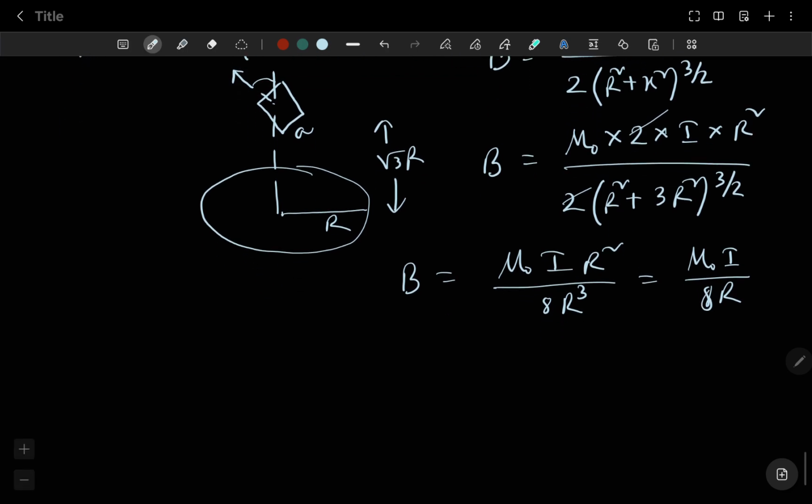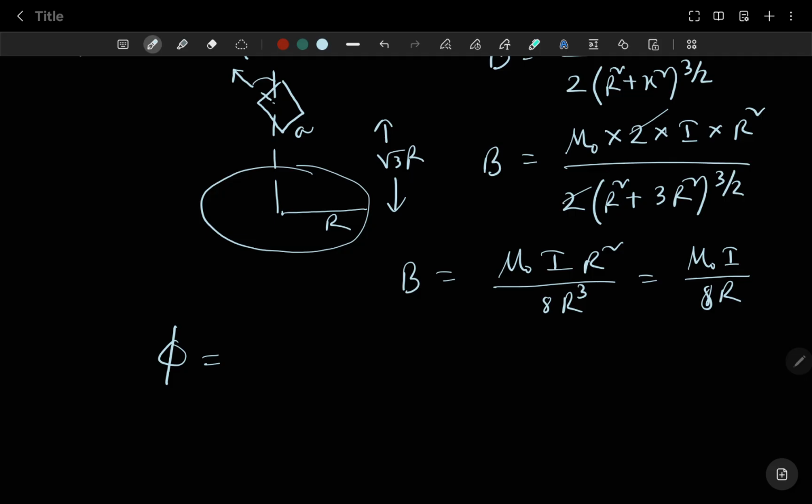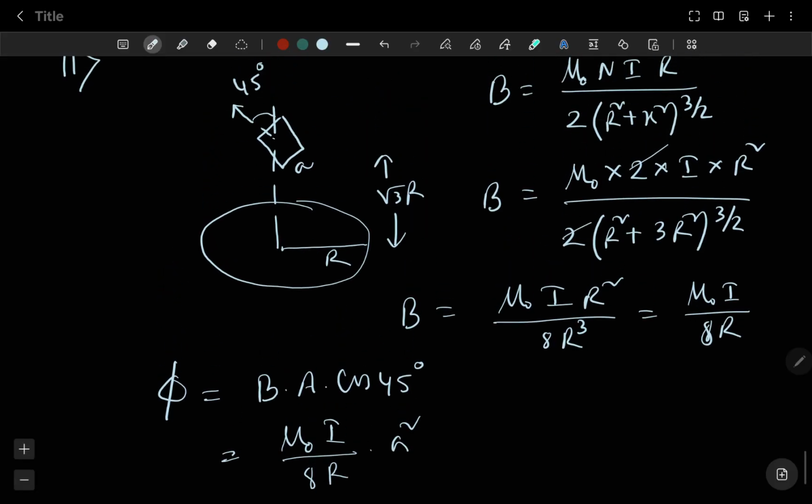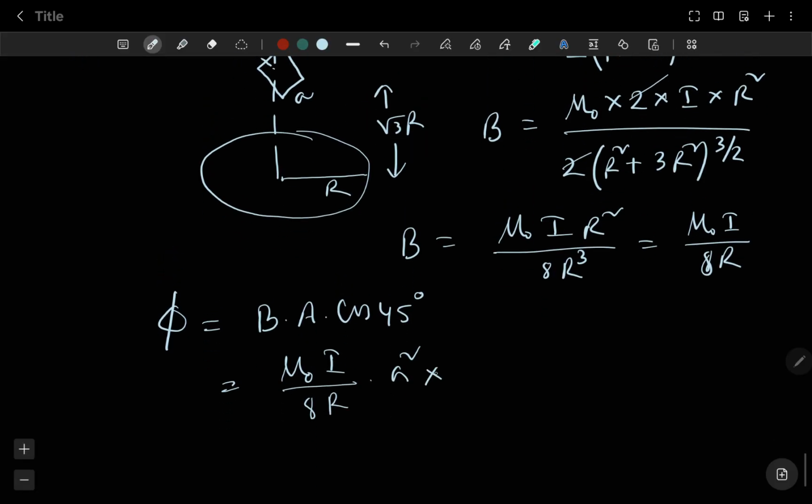Okay, now let us calculate the mutual flux, that is B A cos theta, cos 45 degrees. So it is mu naught I by 8r, A will be a square, and this will be 1 by root 2.